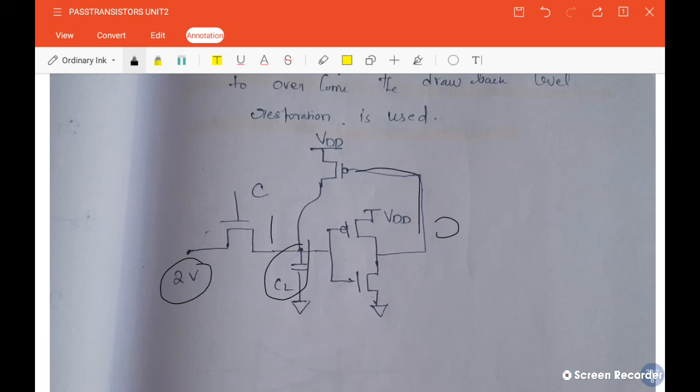The PMOS is connected with VDD, so the VDD value now passes through this node. So your node as well as the connected load capacitor are charged up to the VDD level. In this way you can maintain the node voltage up to VDD level without any degradation. This is called level restoration, which is done to overcome the problem with pass transistors. Okay, thank you students.